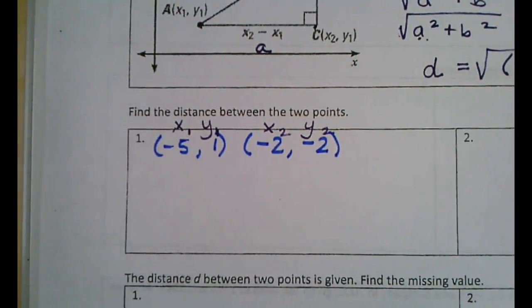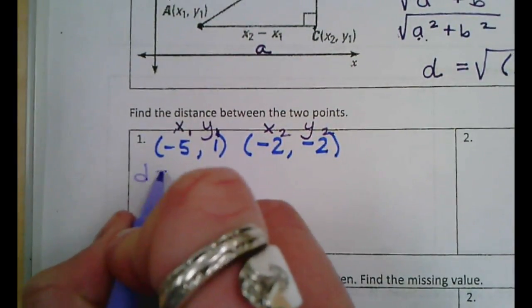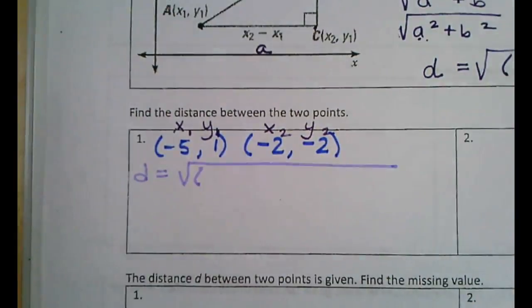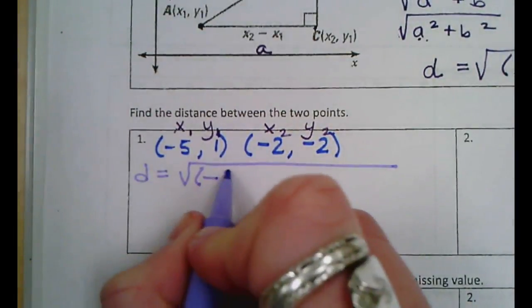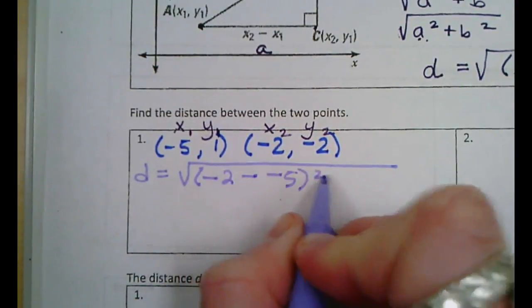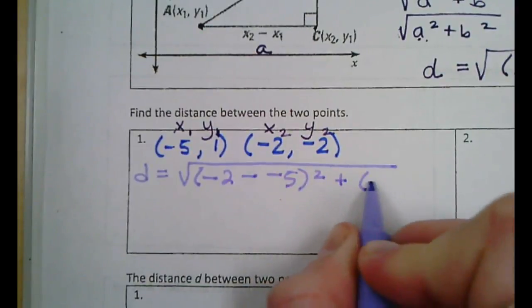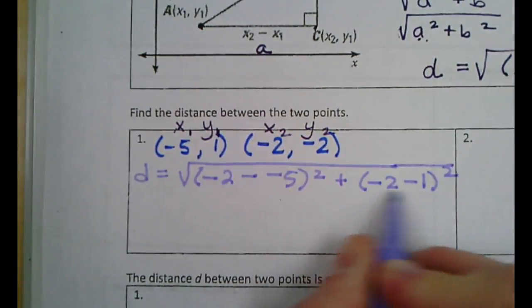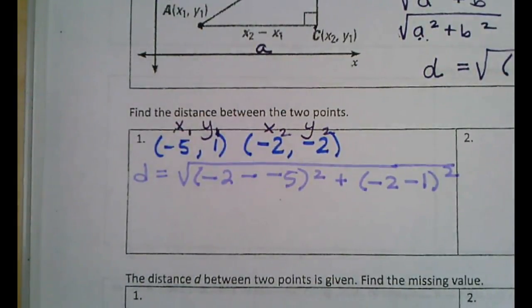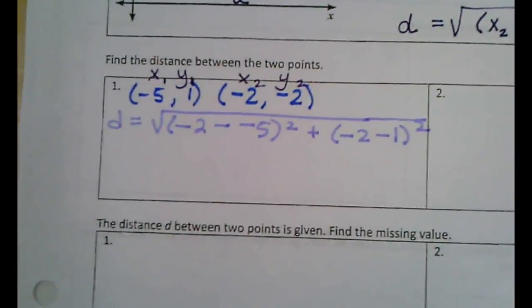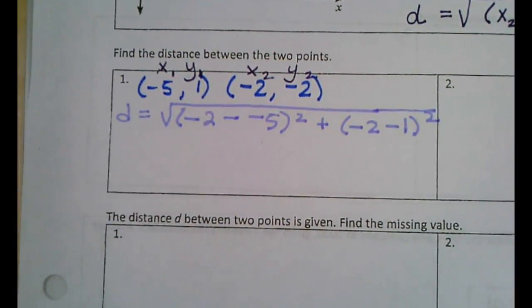So I'm going to write this as distance equals the square root of, and I'm going to subtract my x values. -2 minus -5 squared plus -2 minus 1 quantity squared for our y values. Just using this formula and plugging those values in. Then we're going to simplify.